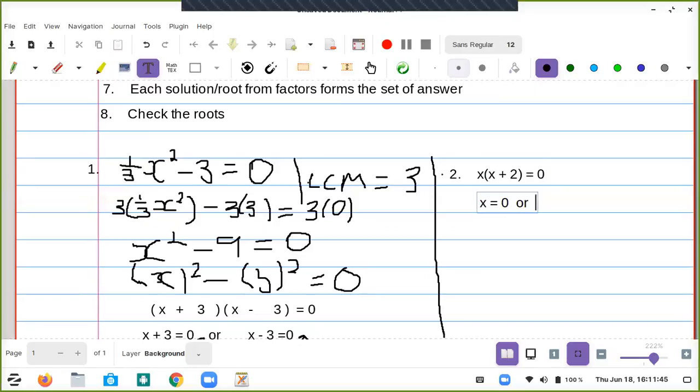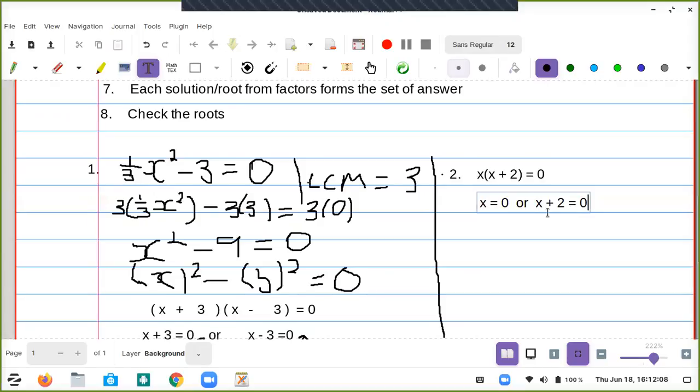So my second factor is x plus 2. Let it be equal to 0. Now, I've got two factors, x and x plus 2. So my x is equal to 0. I cannot do any further simplification, so it's okay as it is.